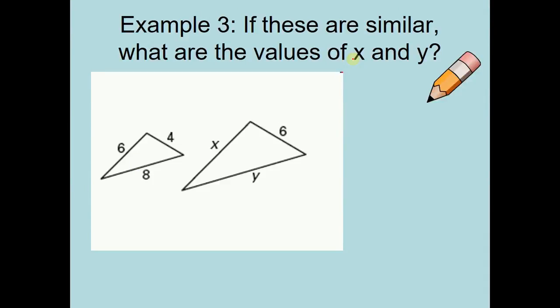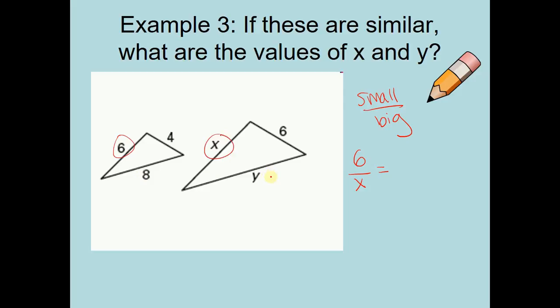Let's keep working with this idea. So if I know these two triangles are similar, can I find the values of x and y? So it looks like I'm going to set small triangle over big triangle. I'm just going to make a little note to myself. Small over big. So let's say I want to solve for x first. So I'm going to go 6 over x. I can't go 8 over y, right?